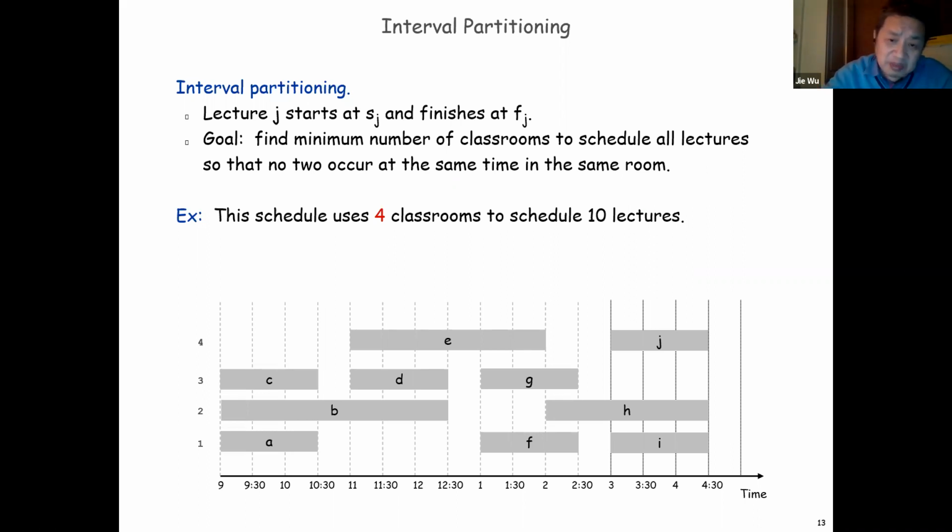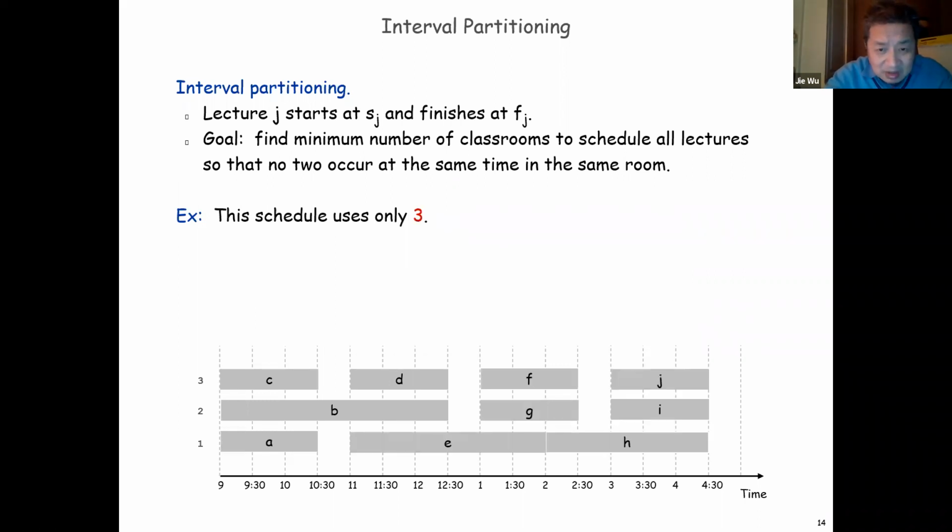And this can be the same thing as a classroom, right? Like at Temple University, we are limited by the number of classrooms. So we have so many classes with overlap. So what's the minimum number of classrooms to accommodate, for example, 10 lectures? So 4 classrooms is a solution. That's one solution. It turns out this is not the best solution. The best solution is this one.